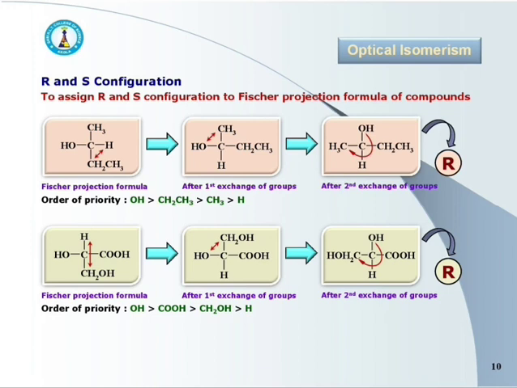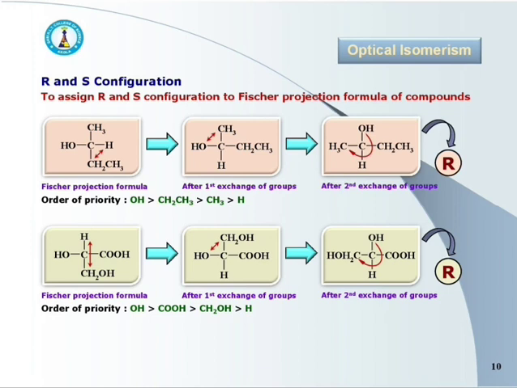Now consider the second example. Here, the order of priority of the four different groups attached to an asymmetric carbon is first OH, second COOH, third CH2OH and fourth hydrogen. Now perform two exchanges between any pairs of groups so as to bring the lowest priority group hydrogen at the bottom position.